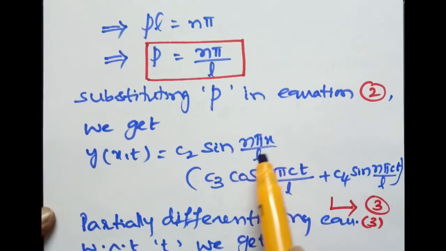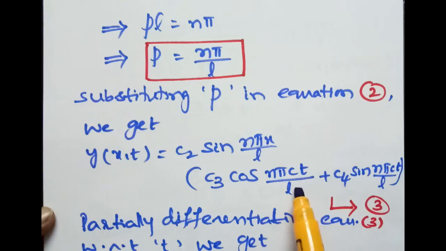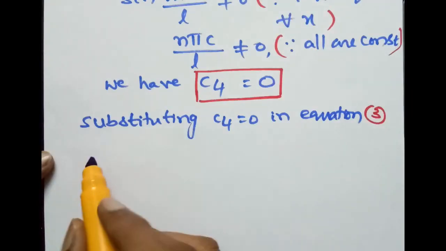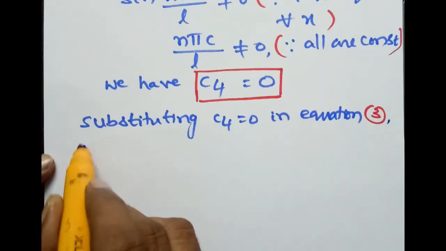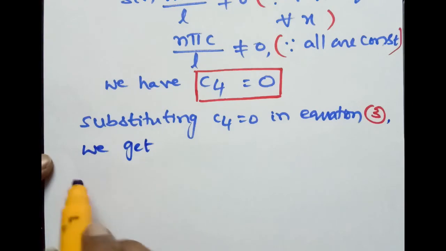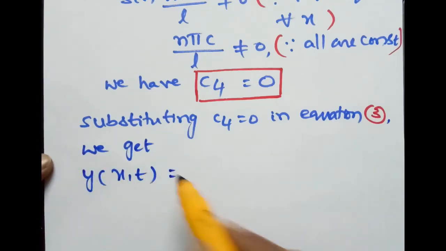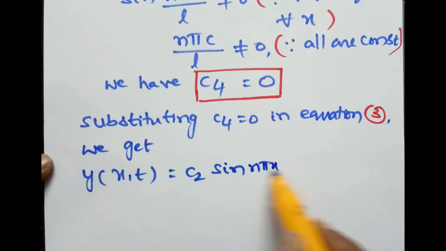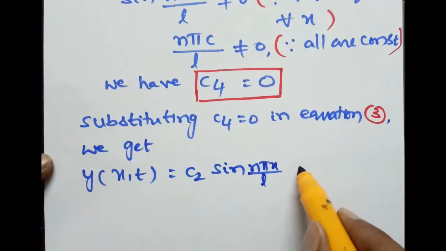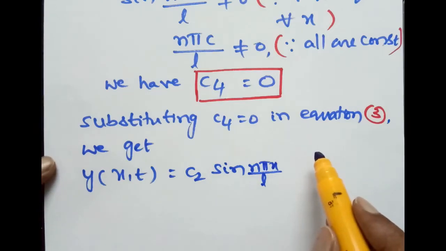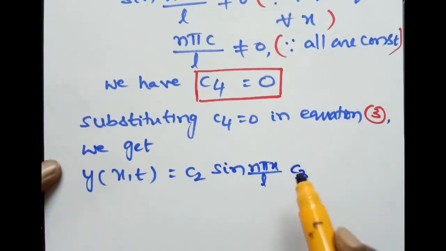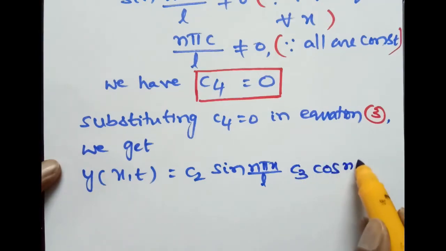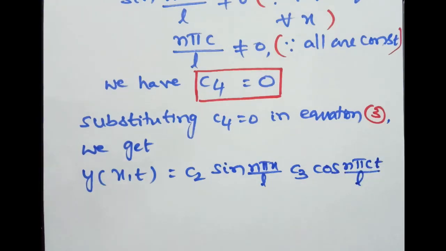Therefore, we will get c2 sin n pi x by L into c3 cos n pi ct by L. We get y of x comma t equal to c2 sin n pi x by L into c3 cos n pi ct by L. There is no c4 sin n pi ct by L since c4 equal to 0.